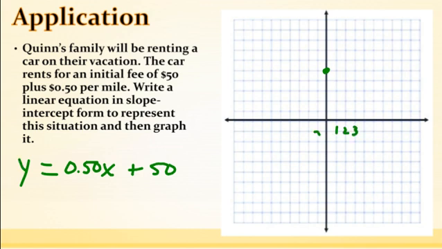This is -1, -2. Now if we have 0.5x, that's really, as a fraction, 1 over 2. And since we're counting by tens, this can be like 10 over 20. But maybe let's count these by tens as well.